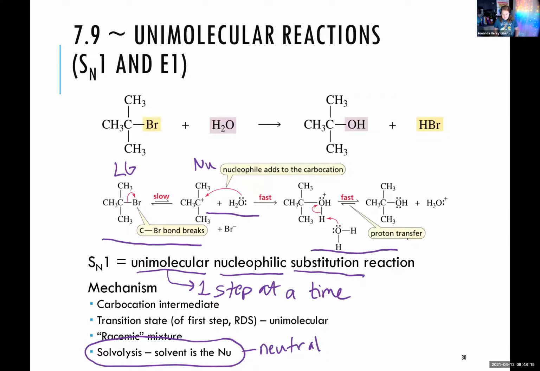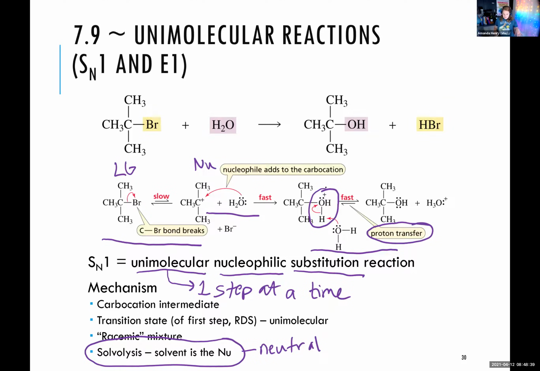So we have this last step here to do a proton transfer because here's our nucleophile after it's been added. It's positively charged. So we just need to take off that extra hydrogen to bring the molecule as a whole back to being neutral. So if we start with a neutral nucleophile, we're going to have to take a hydrogen off of it to bring it back to being neutral after it bonds.